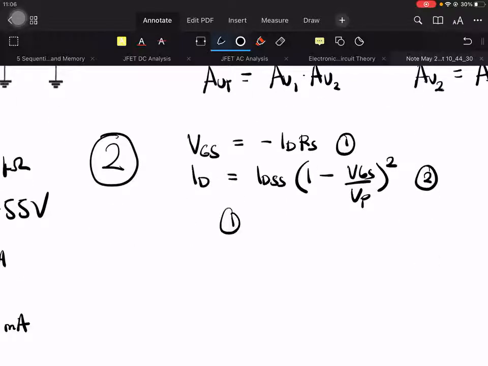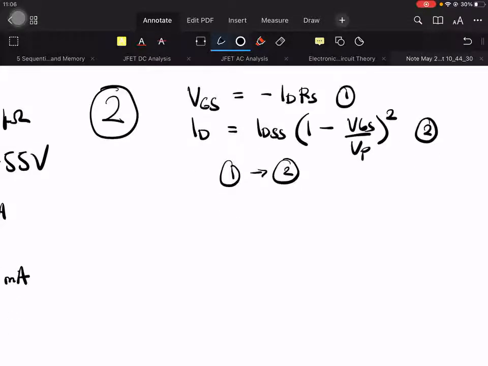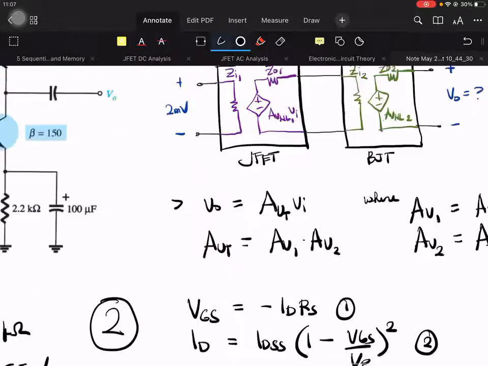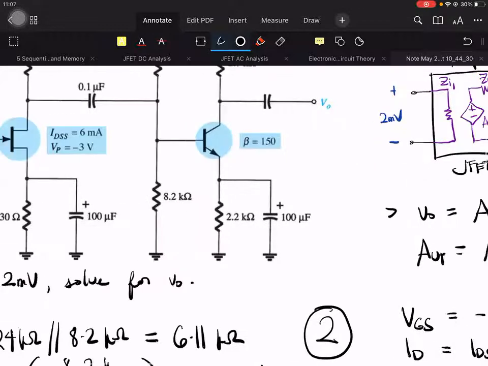Substitute equation 1 into equation 2. And let ID be equal to X. So X is equal to, what is IDSS? 6 milli.